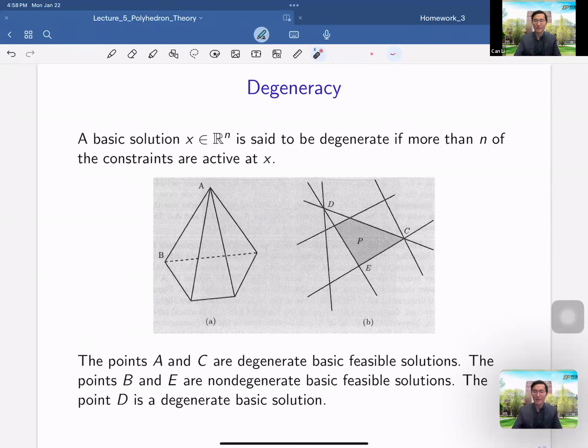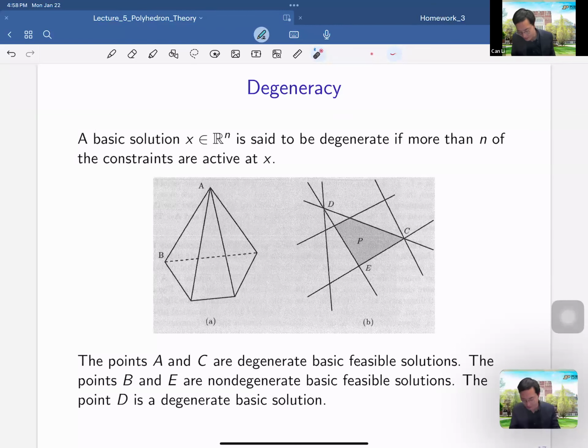So what does it mean for a basic solution to be degenerate? Degeneracy means that at a basic solution x, if more than n of the constraints are active at x, then we say this solution is degenerate.